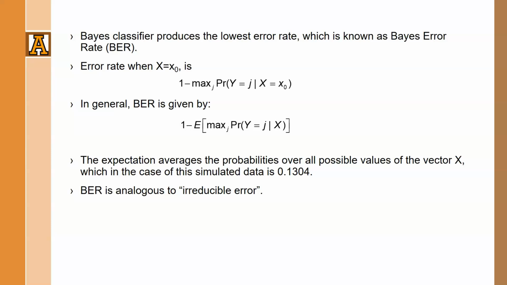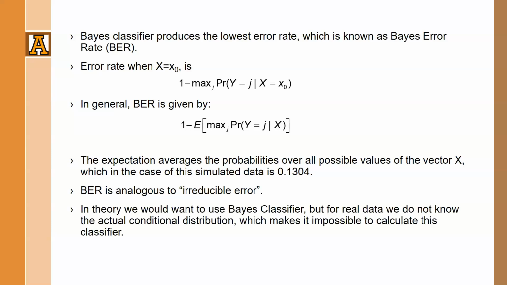That's the error that we're going to have even if we know exactly the function that separates the two classes. Again, the ideal would be to know the Bayes classifier, but we don't know the true probability, so we have to estimate that true probability, and that's what classification models do.